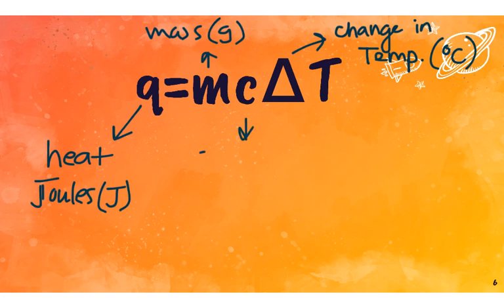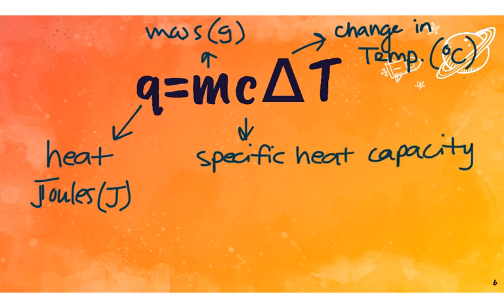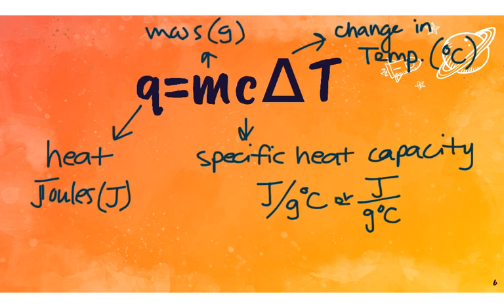And then little c, the specific heat capacity. Again, this will be provided to you, and its unit is joules per gram degrees Celsius. So you could also write it like this. Okay, either one. So this equation is a must know when you're setting up calculations trying to find heat.